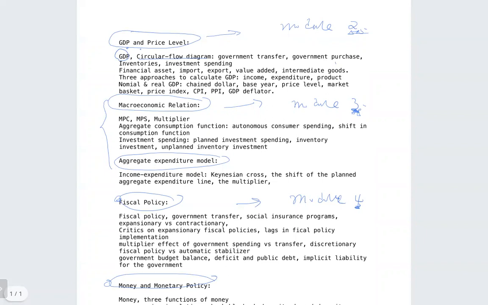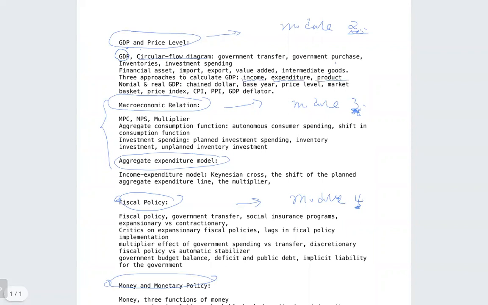Based on this circular flow diagram, we learn there are 3 approaches to calculate GDP, and they all should come up with the same number. This includes the income approach, expenditure approach, and product approach.